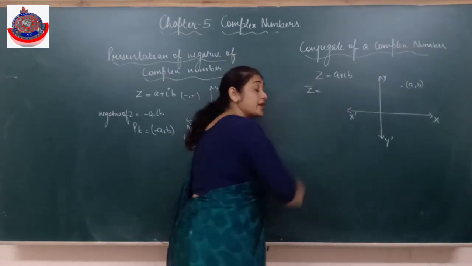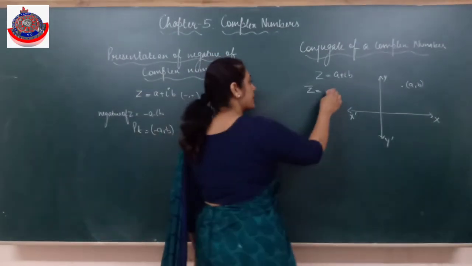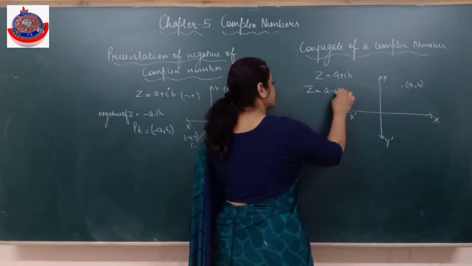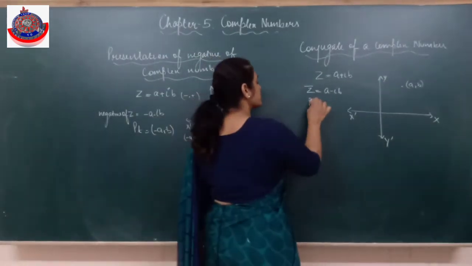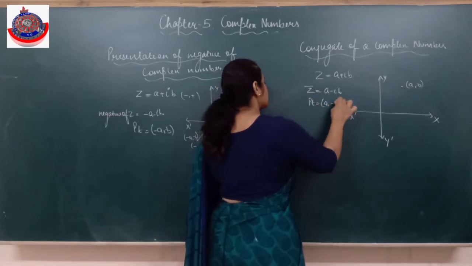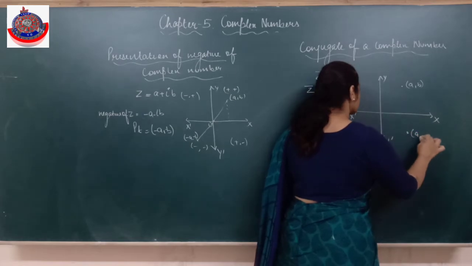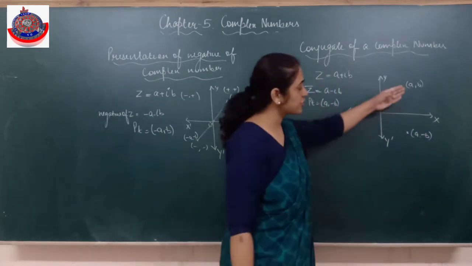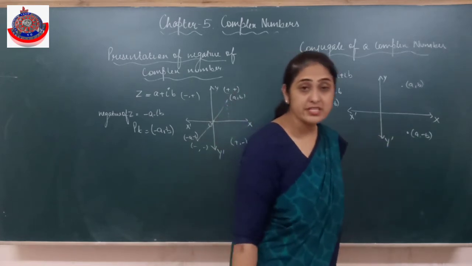What happens in the conjugate? We have done it in a previous video. Yes, the sign of the imaginary part changes. So a minus b. What will be the corresponding point? X is positive, y negative. It is here. That means reflection of the point in the x-axis.